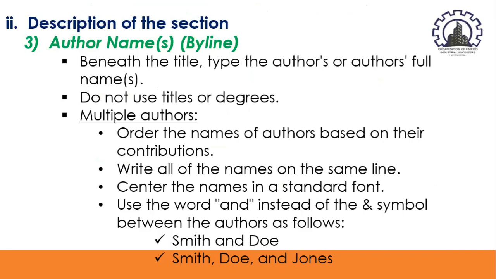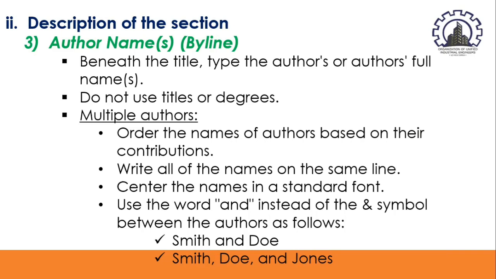Now, under author's name or byline, beneath the title, you need to type the author's or authors' full names, okay? And also, do not use titles or degrees. So, assuming that you are a researcher and you have graduated already with a doctor's degree, and you are already called doctor, let's say Dr. Jane Doe, or Engineer Jane Doe, or Attorney Jane Doe.